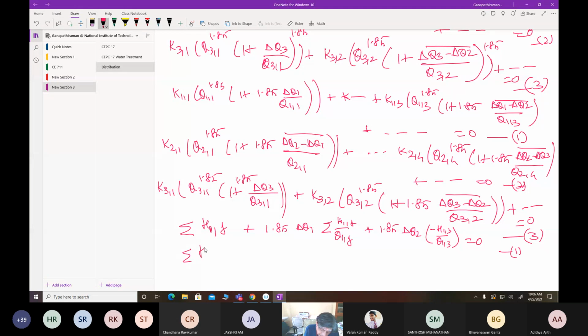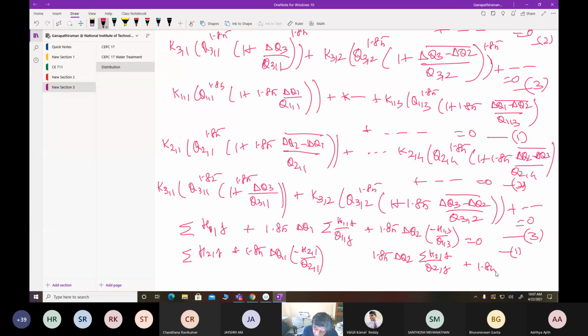Second equation: sigma of H2J, then 1.85 delta Q2 sigma of H2J by Q2J, then 1.85 delta Q1 minus of H21 by Q21. Agree?